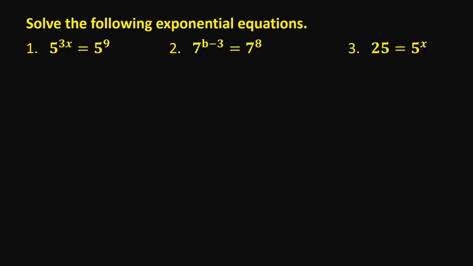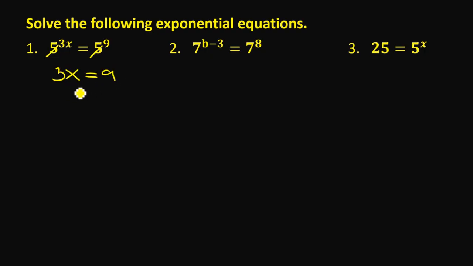For example, number 1, we have 5 raised to 3x equals 5 raised to 9. Since the bases are all the same on both sides, we can cancel that out and then copy the exponents. We have 3x equals 9.